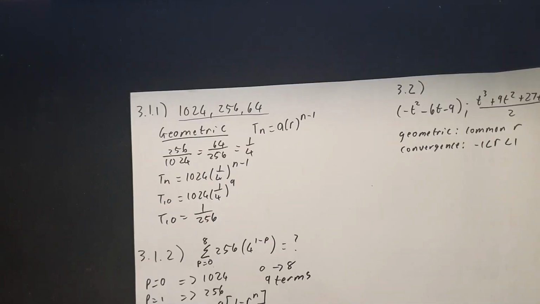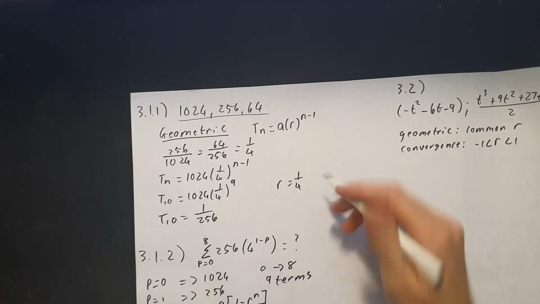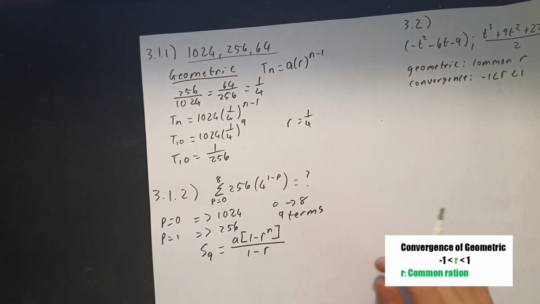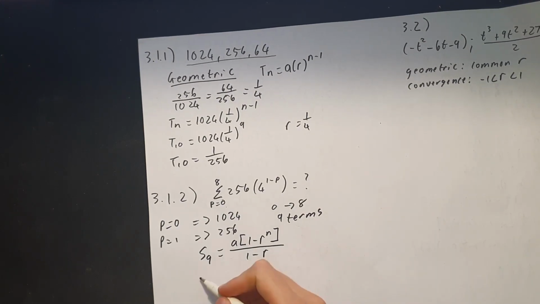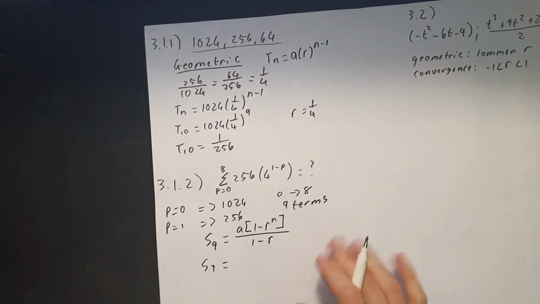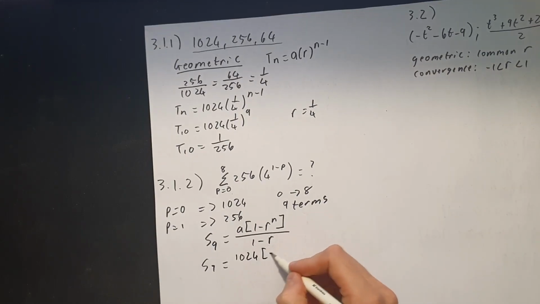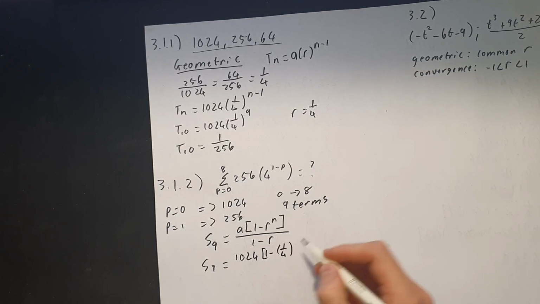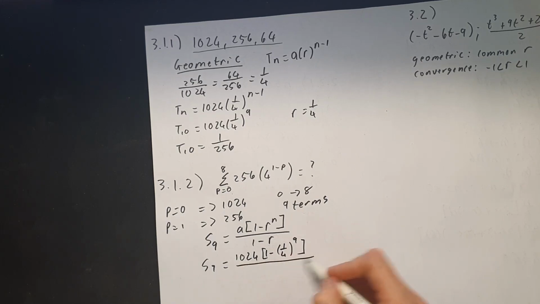Now, one thing you should notice immediately, because r equals 1 over 4, you know that this will converge at some point because it's between -1 and 1. Anyway, just some additional information. Now if we sum this up, S of 9 is going to equal a, that's 1024, times 1 minus 1 over 4 to the power of 9, all over 1 minus 1 over 4.